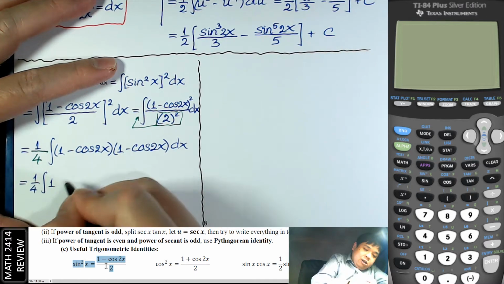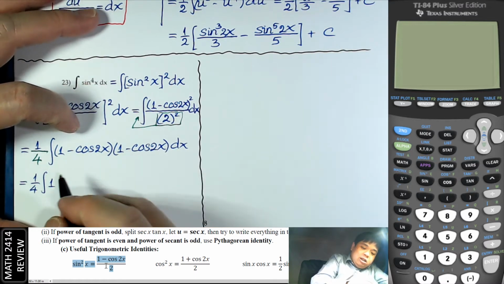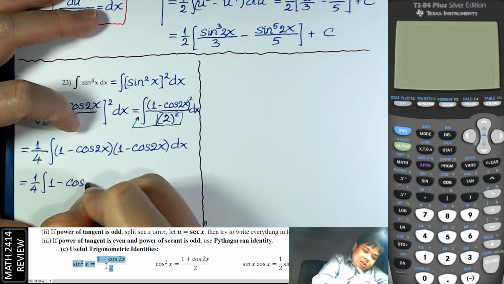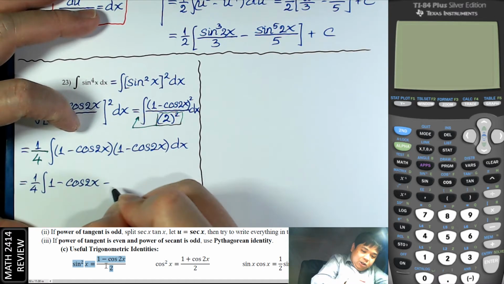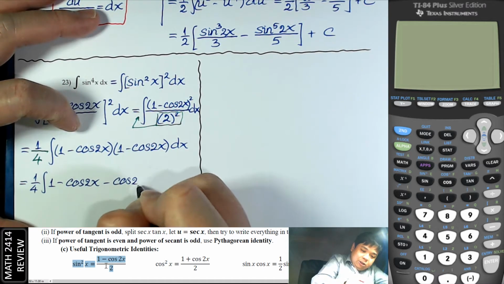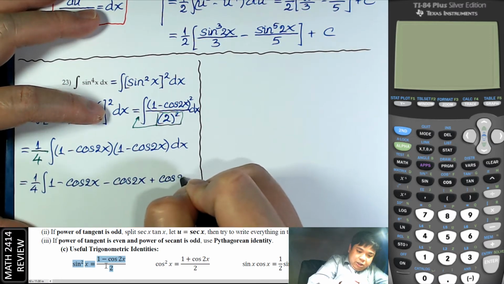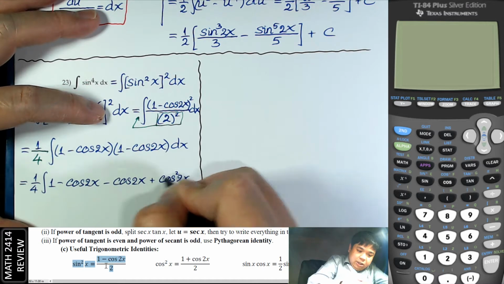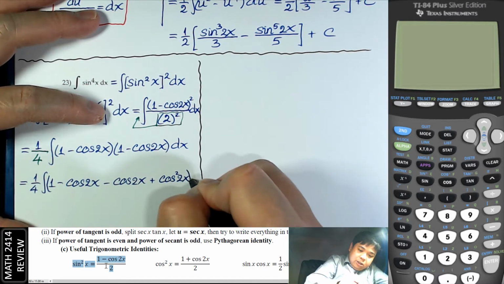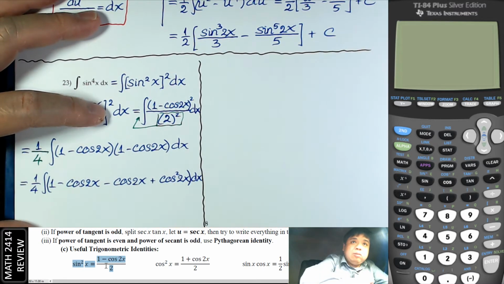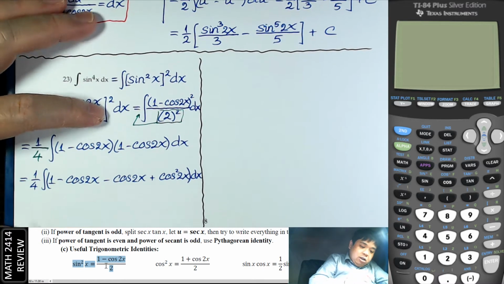1 minus cosine of 2x minus cosine of 2x and plus cosine of 2x square. Combine like terms.